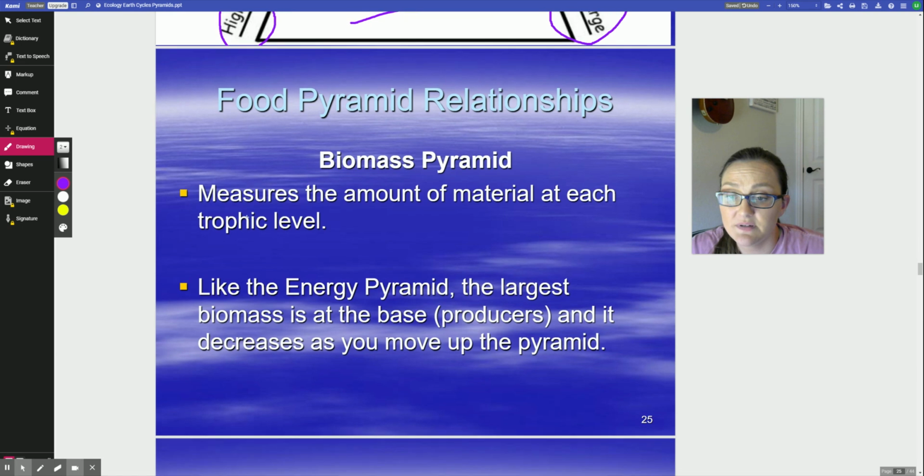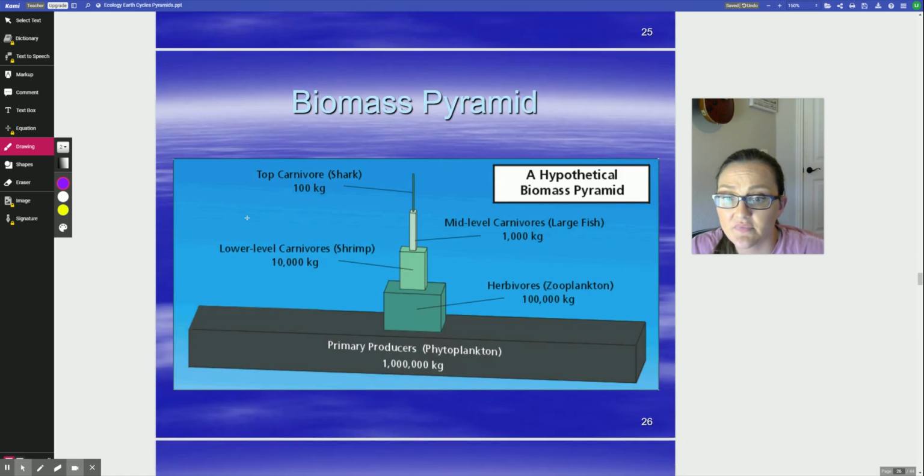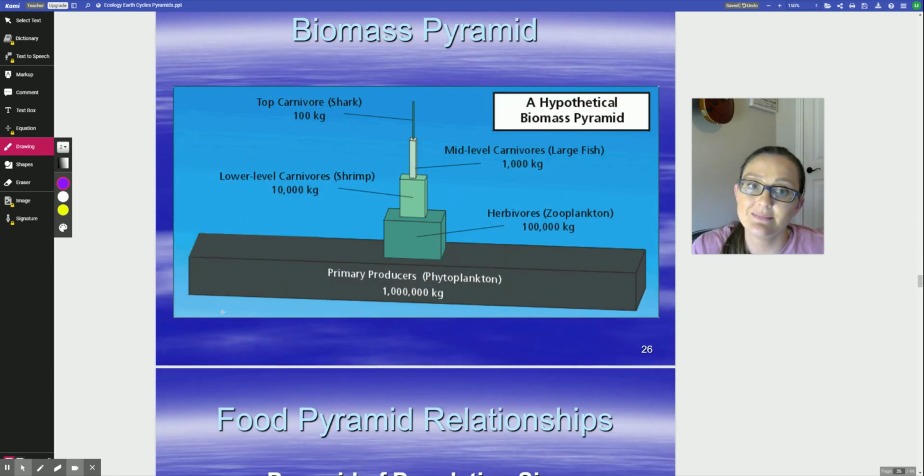Okay, biomass pyramids. Biomass, this just means how much of something there is. So as far as mass is concerned, there's going to be a lot more producers. Look at all of this. Phytoplankton. But it's still 10%. Still only 10% goes up in the mass pyramid.